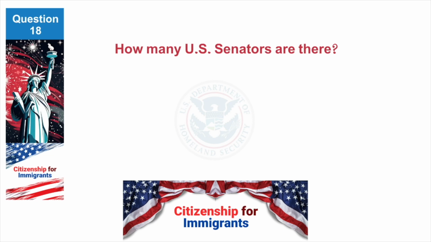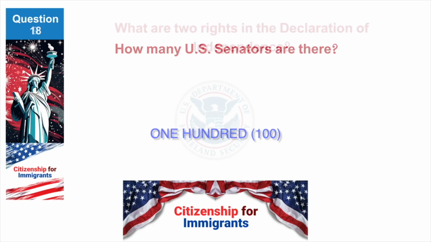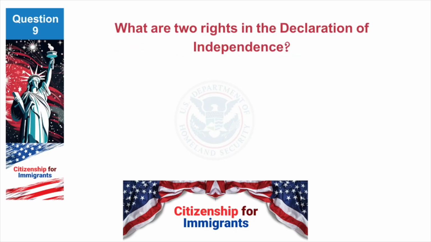How many U.S. senators are there? 100. What are two rights in the Declaration of Independence? Life, liberty.